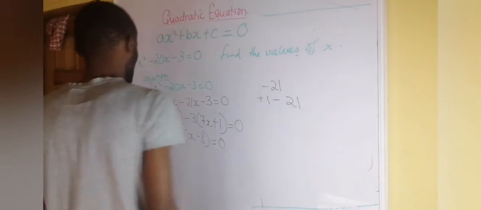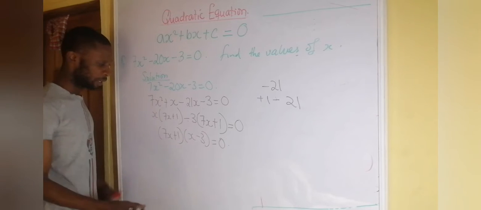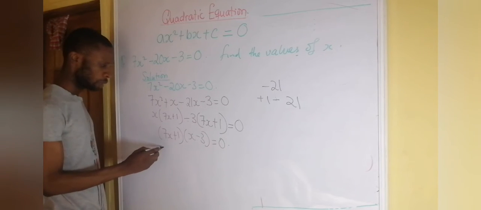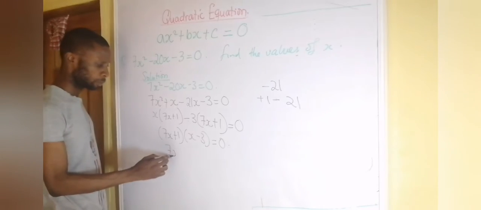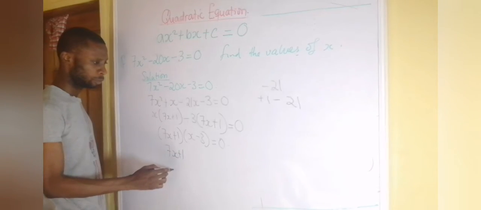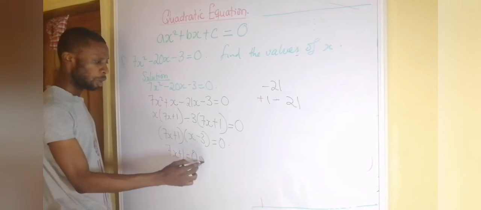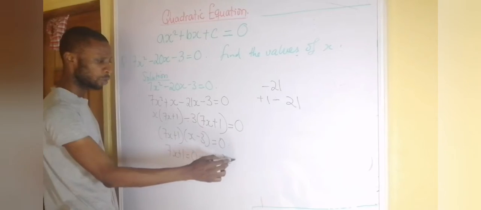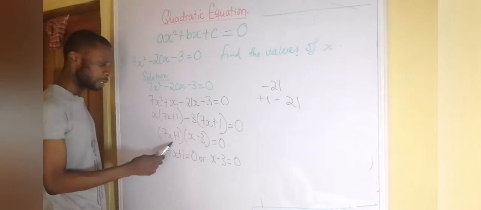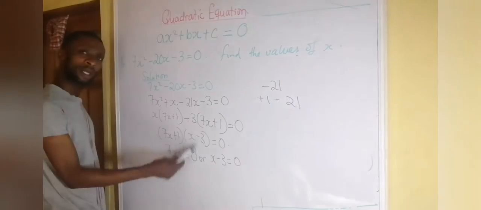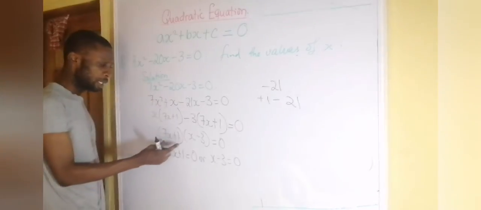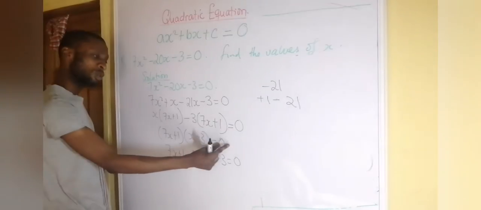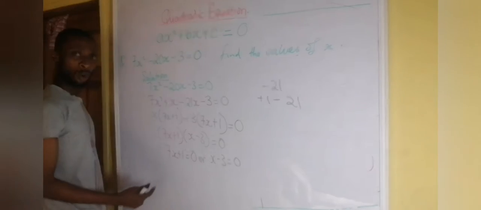Okay. So we have 7x plus 1 is equal to 0, or x minus 3 is equal to 0. This statement: if this multiplied by this equals 0, then one of them must be 0.